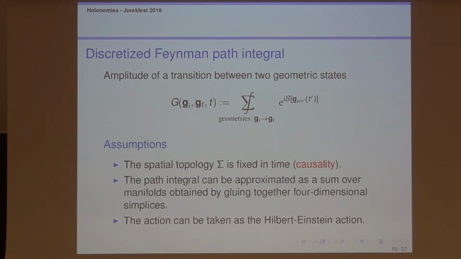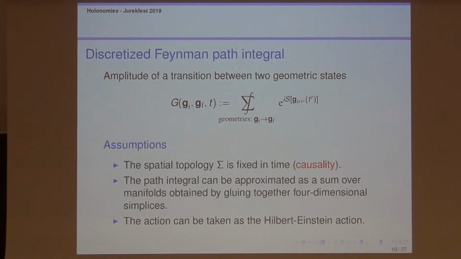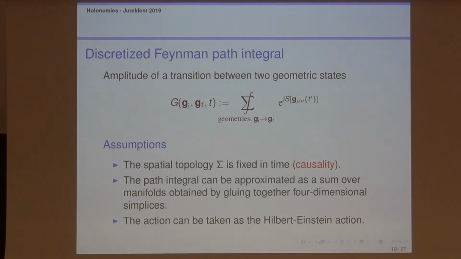Then we approximate this path integral as a sum over manifolds which can be constructed by gluing together states at different time layers. The action is needed to put a weight on each such configuration in order to calculate the integral. It can be taken as the Hilbert-Einstein action, which is the simplest possibility we have here.